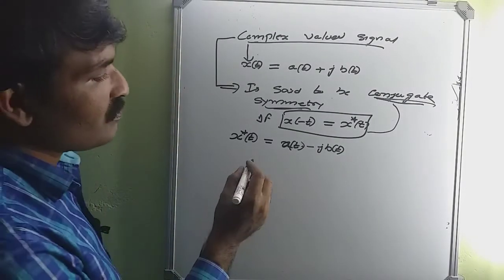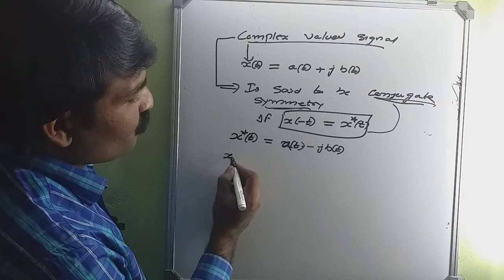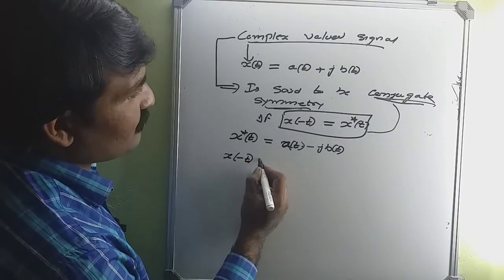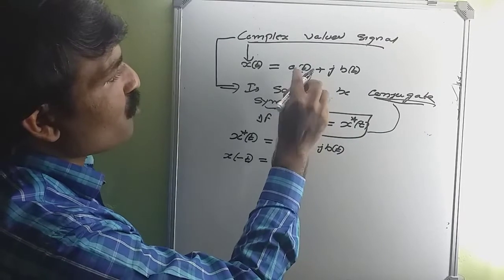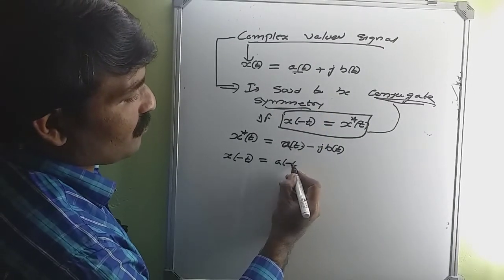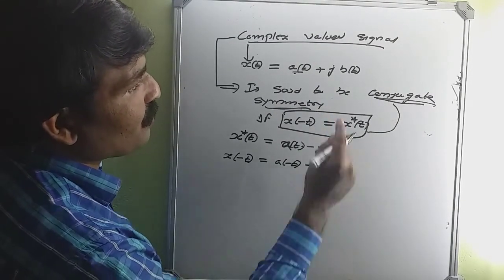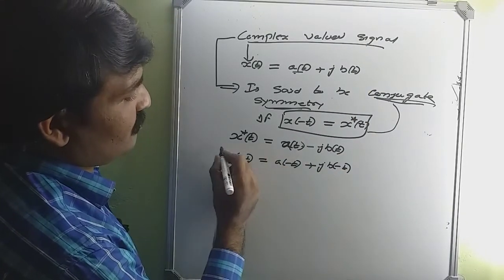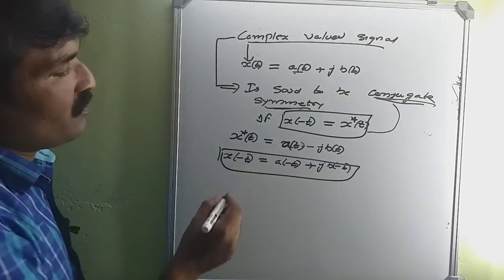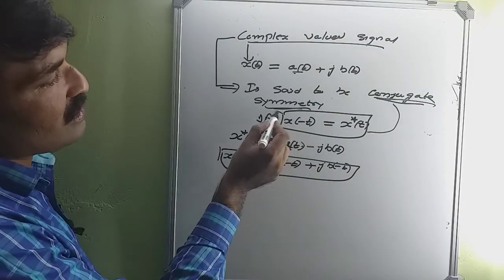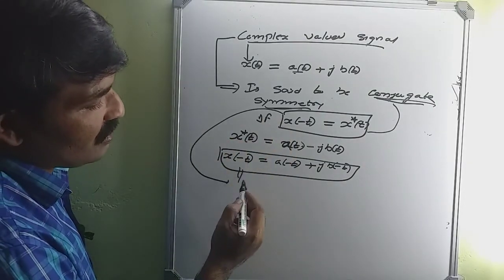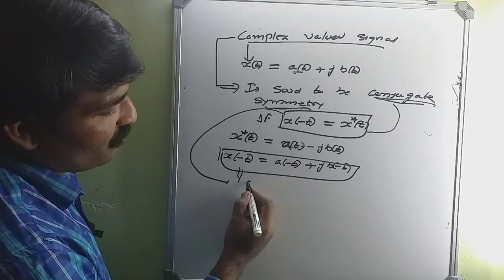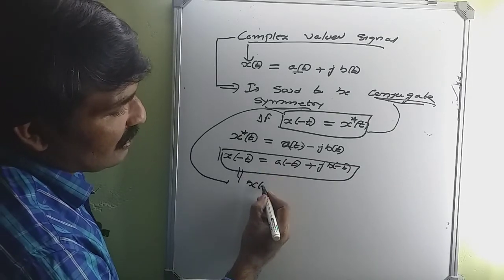Now, x of minus t is equal to a of minus t plus j into b of minus t. The condition for conjugate symmetry is x of minus t equal to x conjugate of t.